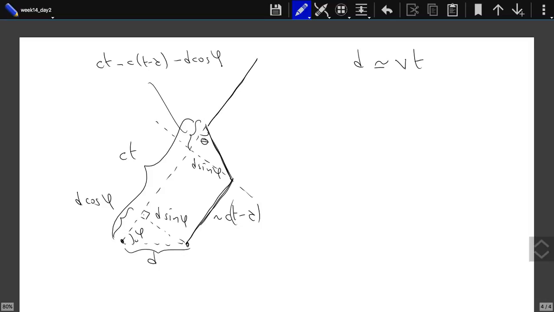D times cosine phi is this length. C times t minus tau is this length. So what remains is this distance over there. Now I can write tangent theta. Tangent theta is equal to d times sine phi divided by, well, here if you look, this ct and this, they just cancel. C times tau plus d times cosine phi. Now minus.